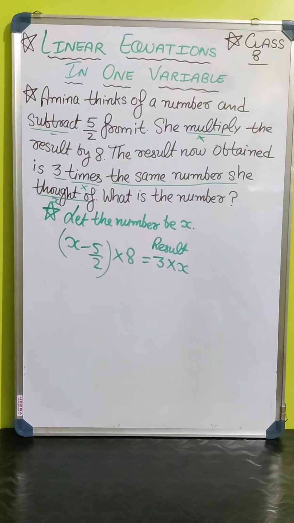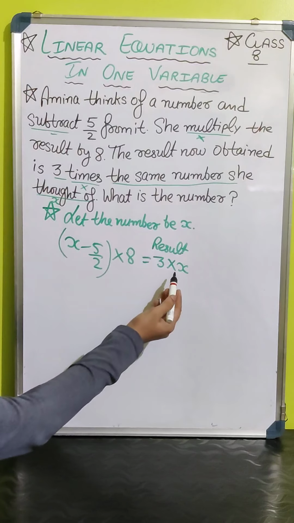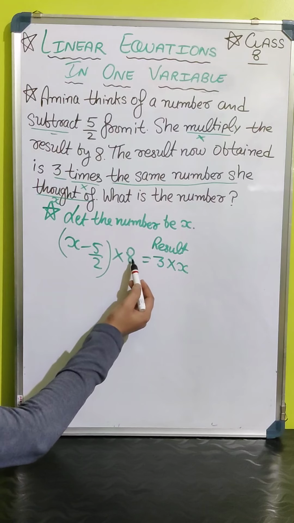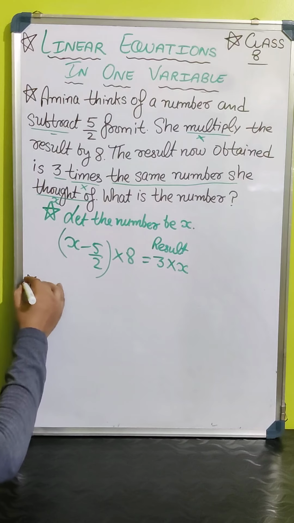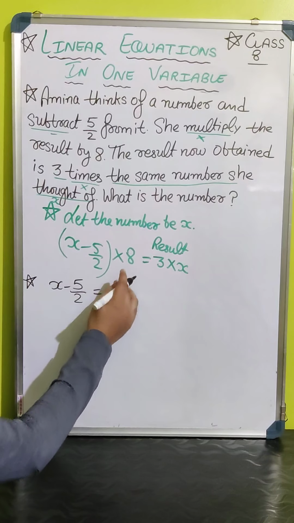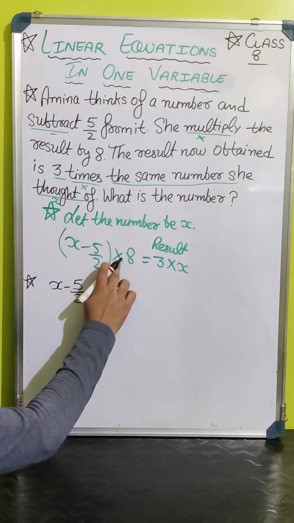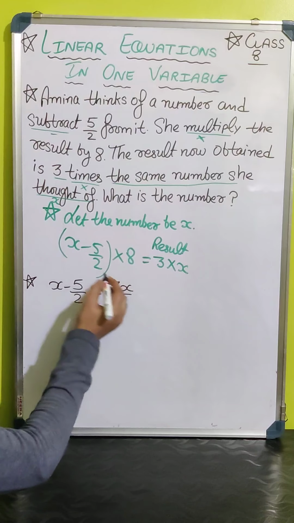Simple. Now you can use any method. You can multiply this 8 inside also, or you can take it to the right hand side. Now we just calculate the numbers, because these are the variables and this is a constant. So you can take this side also if you want. I am doing this one, x minus 5 by 2. When you take 8 to that side, it is in multiplication, so it will go to the division part, it is 3x by 8.